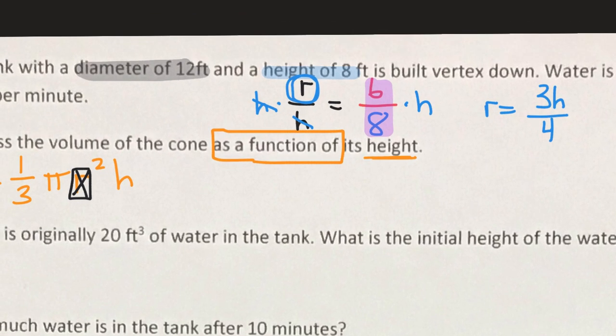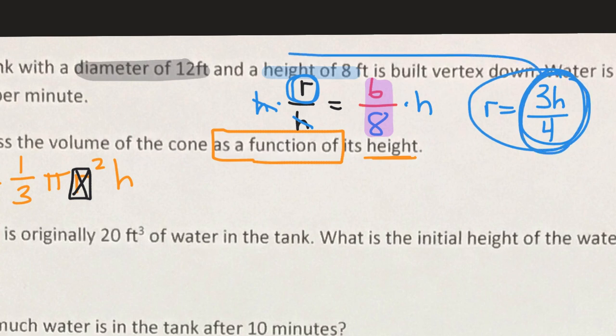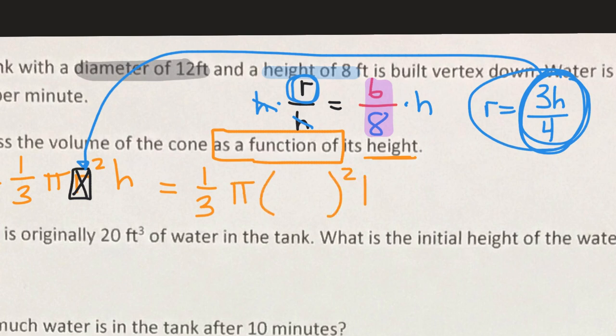Now that we know the radius equals 3/4 of the height, we're going to take this fraction and put it right there. We replace r in the volume formula with the equality we just made. Instead of r, we have 3h over 4, because that's how the radius relates to the height.